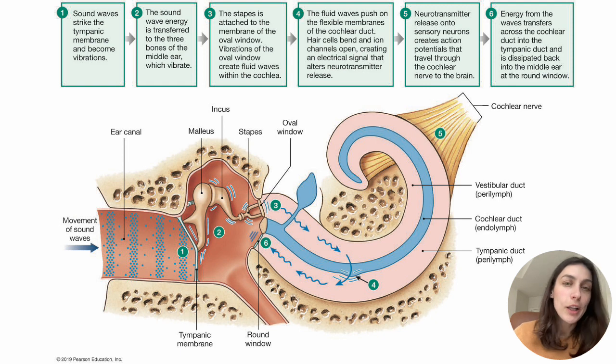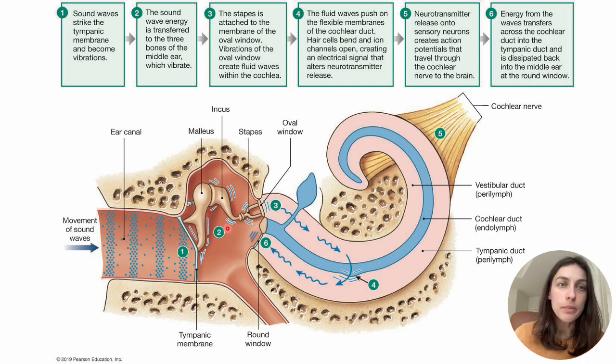So here, let's review one more time. Sound waves strike the tympanic membrane, and the sound waves become vibrations. So that's still outer ear. The sound wave energy is transferred to the 3 ossicles, which vibrate. Now, we're still pushing that energy through air.